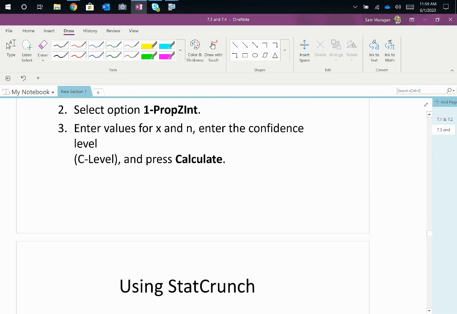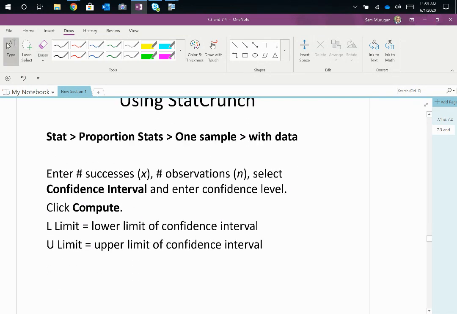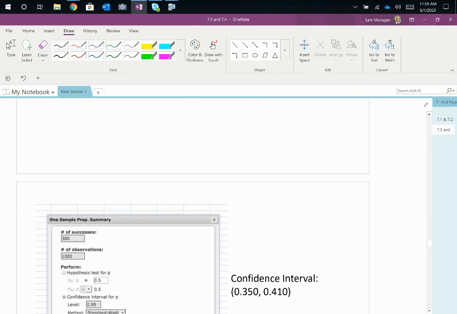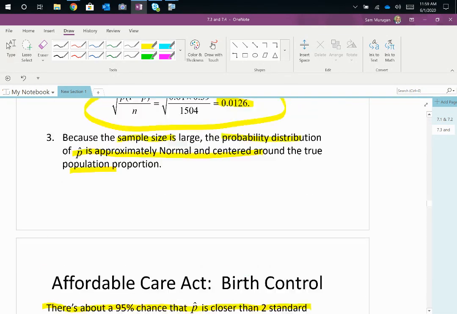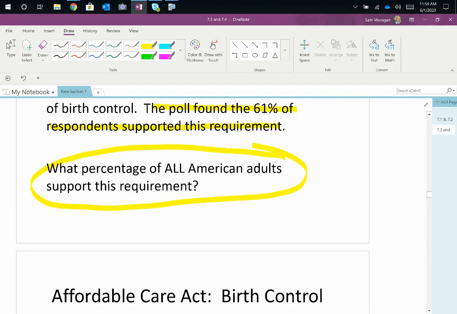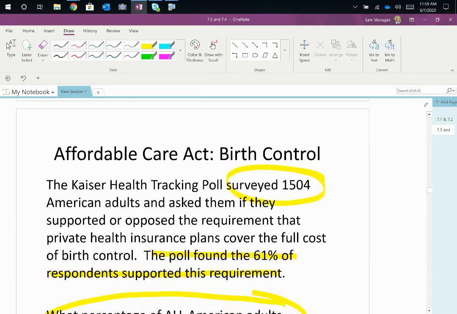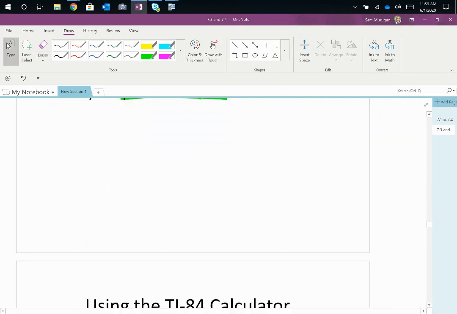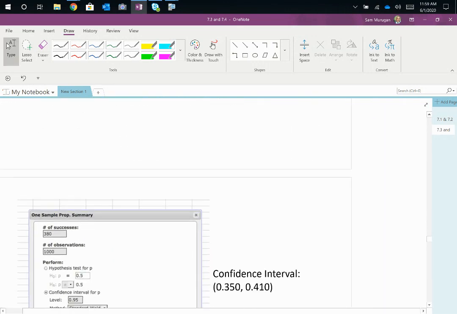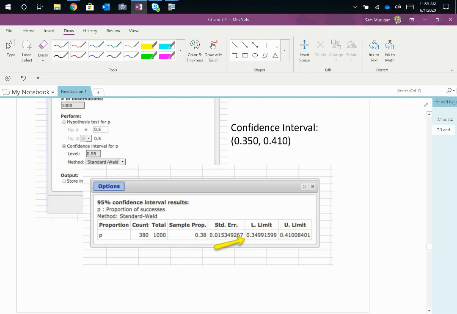So I'm going to show you a couple of different ways to compute what we just had here. So when I do the problems, I'm going to go ahead and show you how to do the computation. Okay.